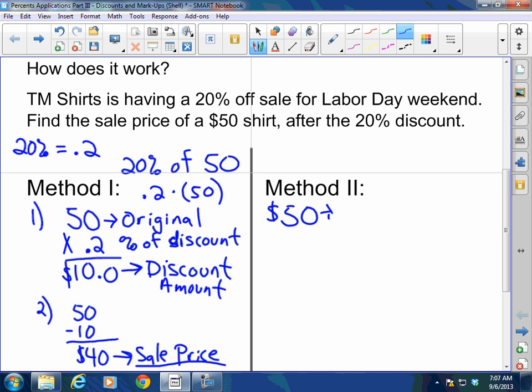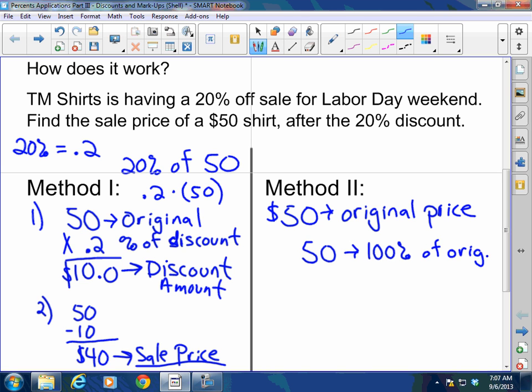Think about $50. $50 is the original price, and this original price is 100% of its price. So, again, sorry about that interruption. $50 is the original price, so $50 represents 100% of the original price. Okay, I hope that makes sense.